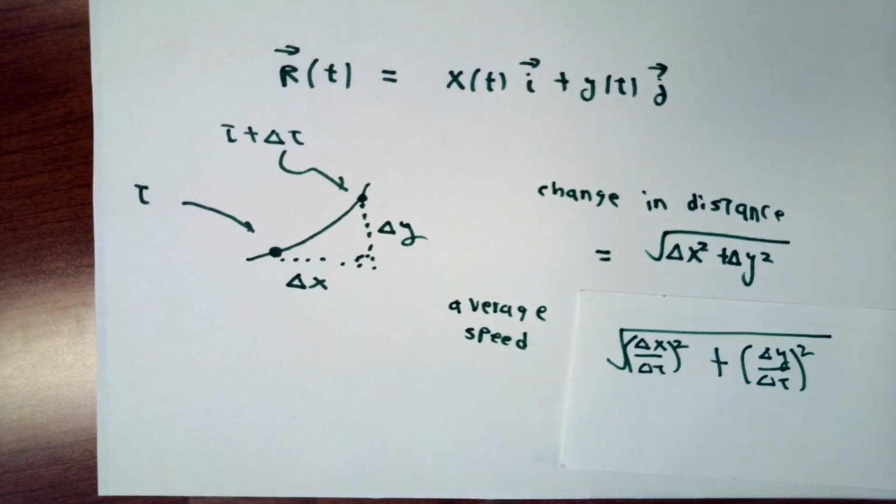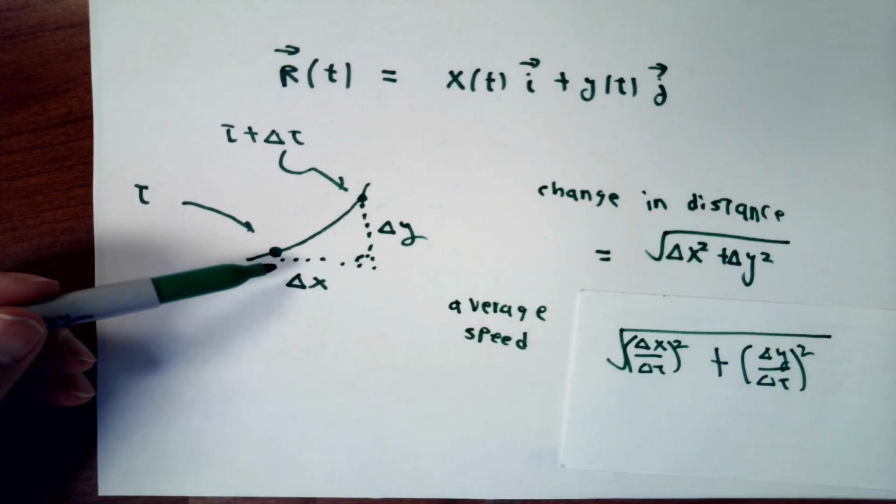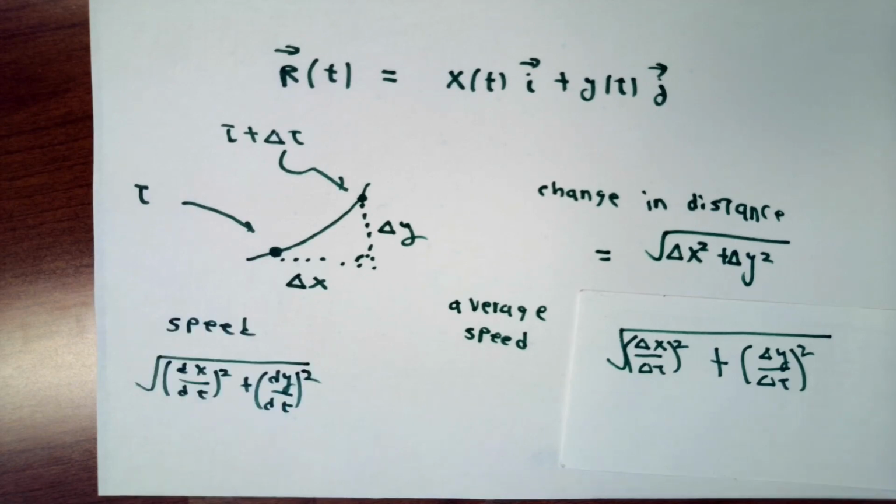This is just the average speed, though. If I was interested in the speed at some particular point, say the place I started at, I would let the delta t go to 0. The limit of delta x over delta t is dx dt, and likewise the other term is dy dt squared. This gives me a formula for the instantaneous speed as the object travels along its path.